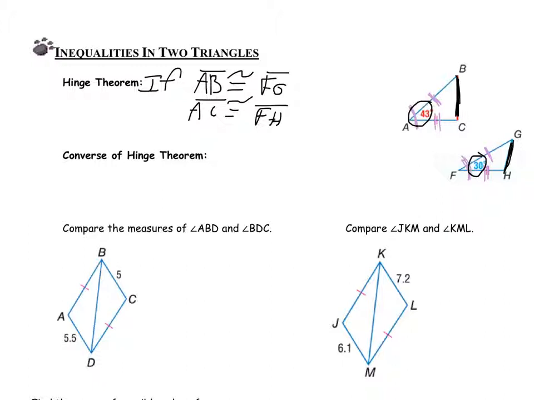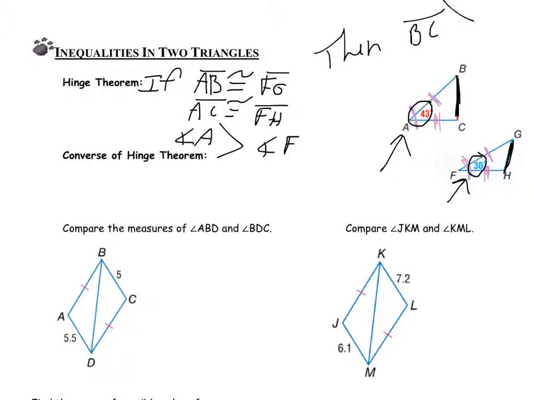So if those two segments are congruent and angle A is greater than angle F, so we have two pairs of segments congruent and A is greater than F, then segment BC is going to be greater than segment GH.